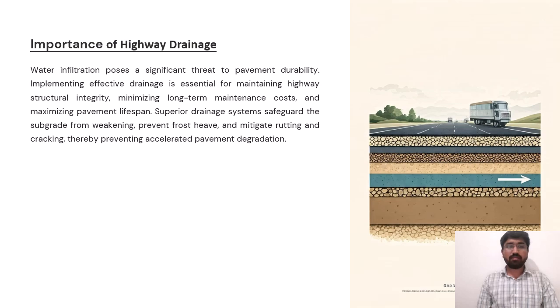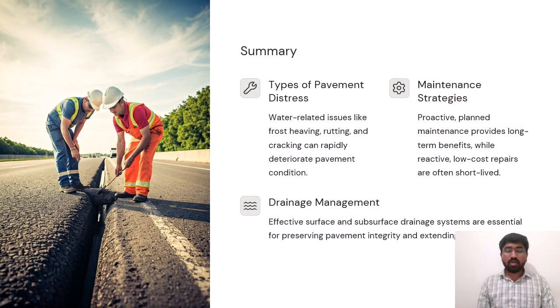In summary, to conclude this presentation, let's recap the key insights: types of pavement distress, maintenance strategies, and drainage management. Water-related issues like frost heave, rutting, and cracking can rapidly deteriorate pavement conditions.